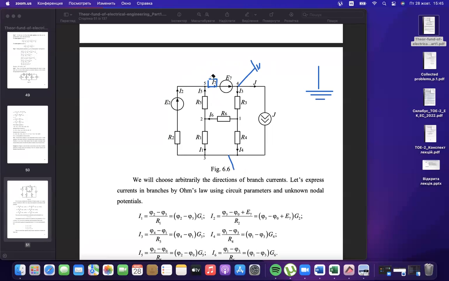But if you have a case without resistance, you cannot choose the 0 point at any point that you want. In this case, you should always take ground near the source, always here, near the minus potential of the source.